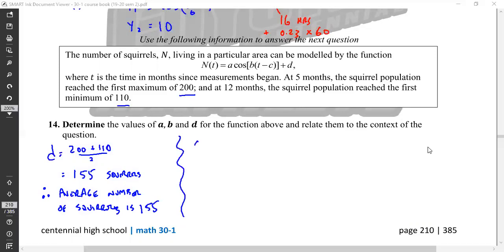That's d. Now a. A is max minus min divided by 2. It's 200 minus 110 over 2.